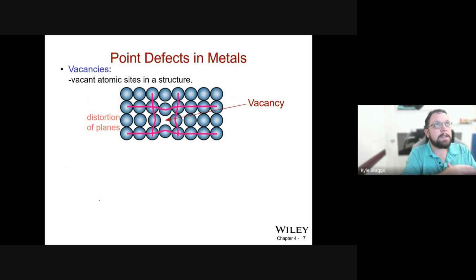So let's take a look at some examples. Vacancy is the simplest example, where there's compressive stress and distortion of the planes all around in order to fill that vacancy, because nature abhors a vacuum. It wants to fill that vacancy with something. So all the immediate neighboring atoms get drawn into that vacancy, causing distortion on the planes.